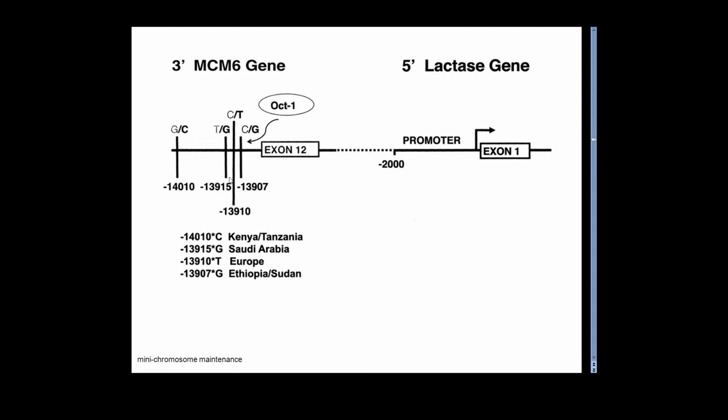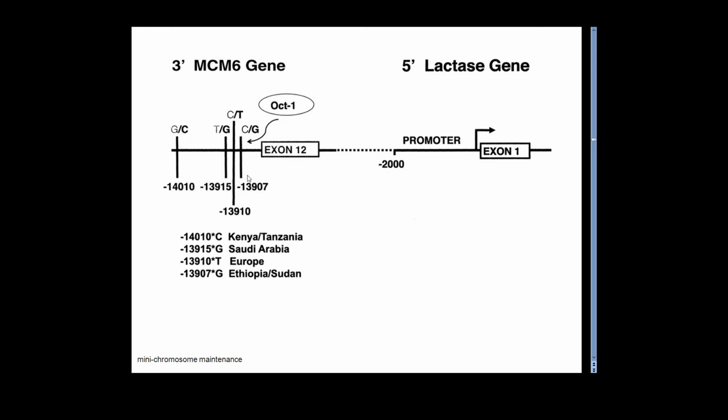Thymine to guanine. In Europeans, cytosine to thymine at 13910, and in the Ethiopia, Sudan region, it is also another one.